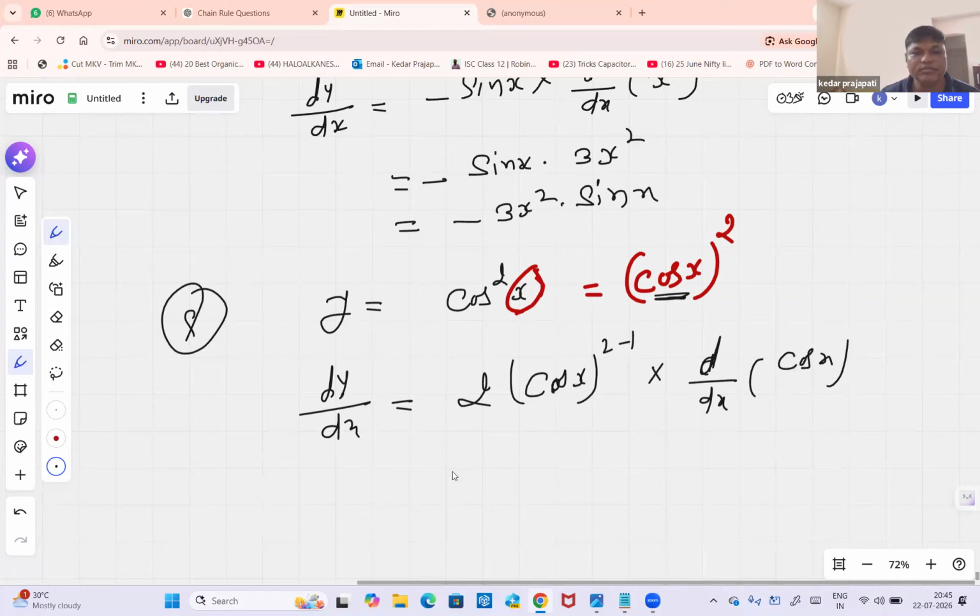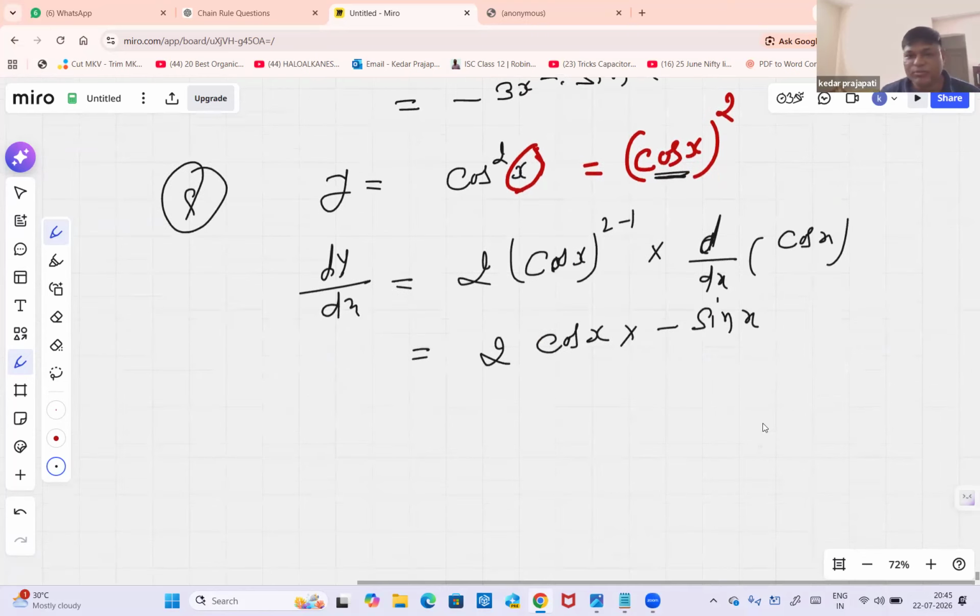This is 2 cos x, and d by dx of cos x is minus sin x, so the minus will come out. And then 2 into sin x cos x is sin 2x. This will become minus sin 2x. Clear?